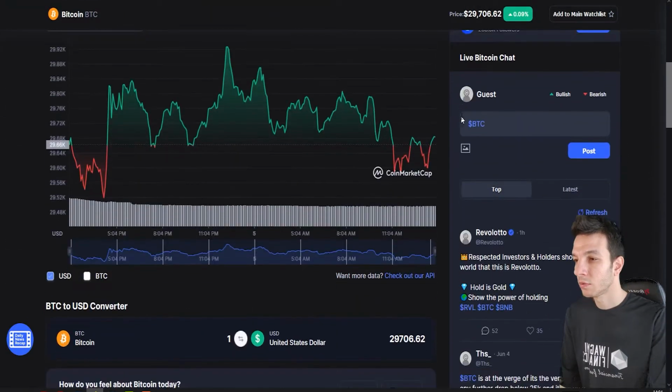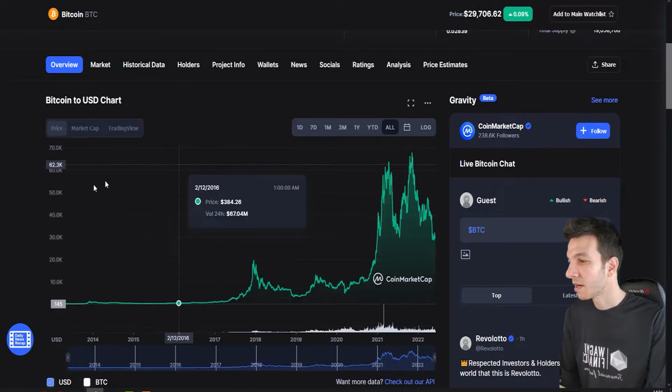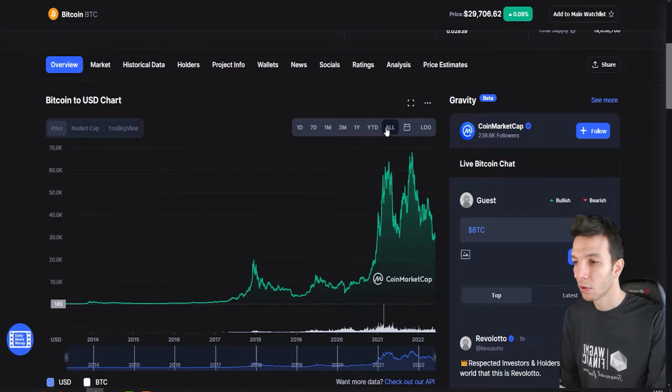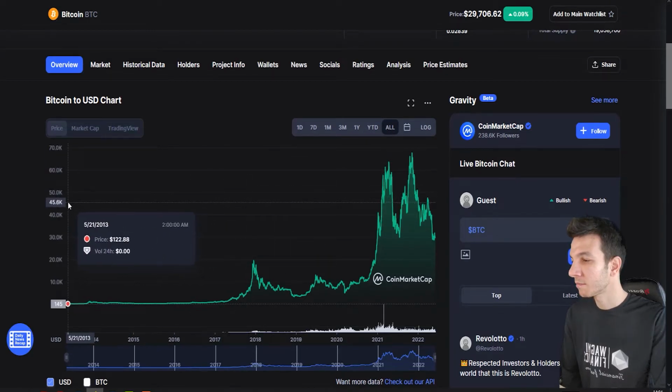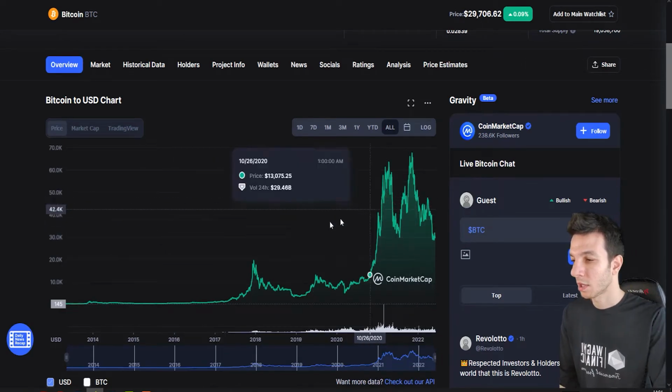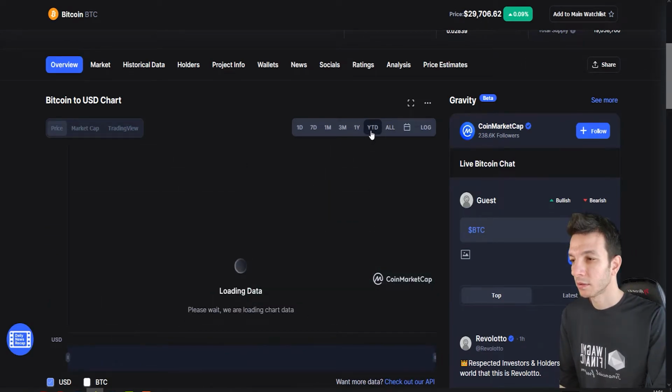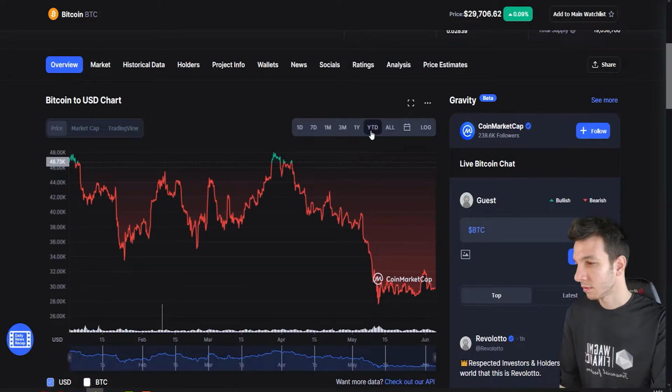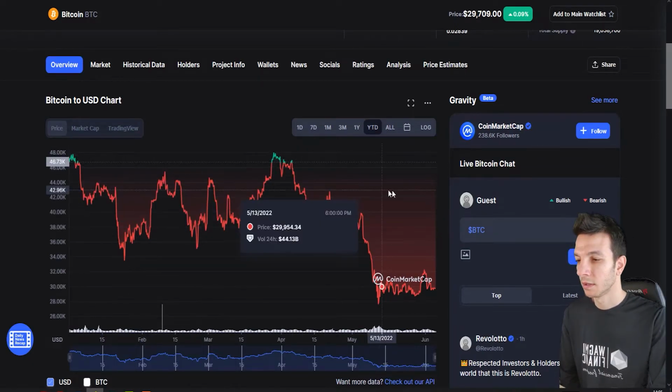If we scroll down, we do also have the price. So you can click on all. This one shows you the price of Bitcoin since Bitcoin existed till today's date. So how it moved. This one, year to today's date, so since the beginning of the year till today.